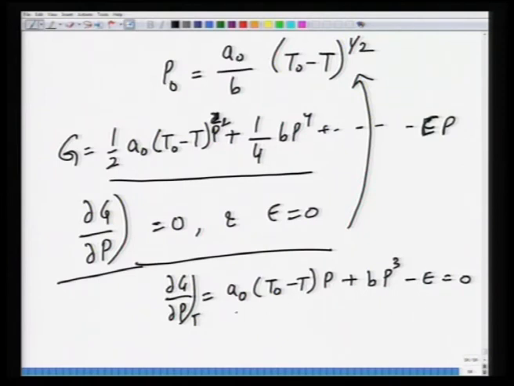So, if I take this to be equal to A naught into T naught minus T into P, that will be equal to minus of B P square.